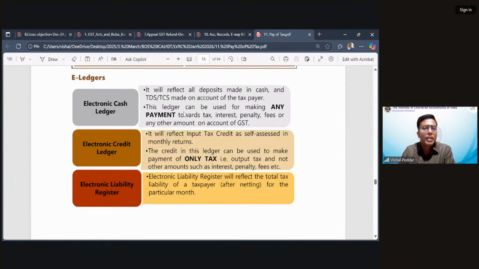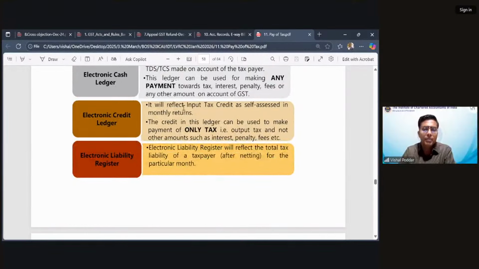So these are the three ledgers: cash ledger, credit ledger, liability ledger. The cash ledger reflects all deposits that you have made either by yourself or that are coming from TDS, TCS, which the other parties have done. This ledger can be used for making all payments, maybe of tax, interest, etc. Credit ledger, this balance is created on the basis of the ITC that you claim in the 3B returns.